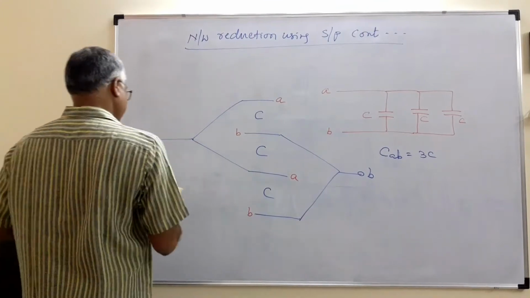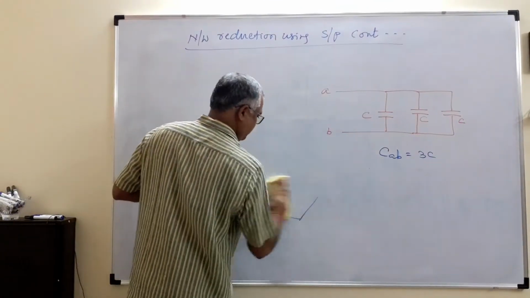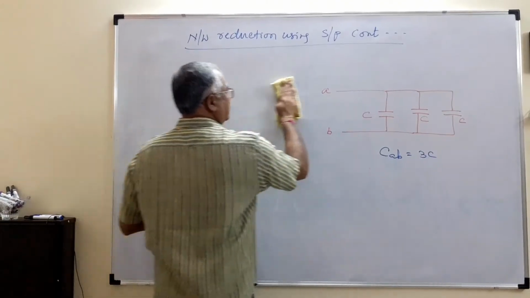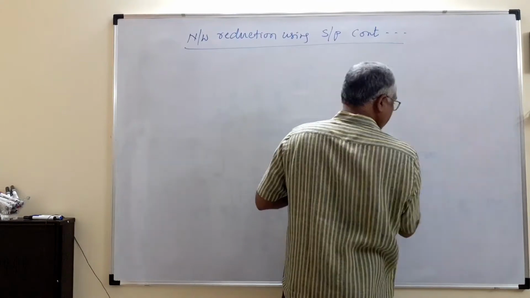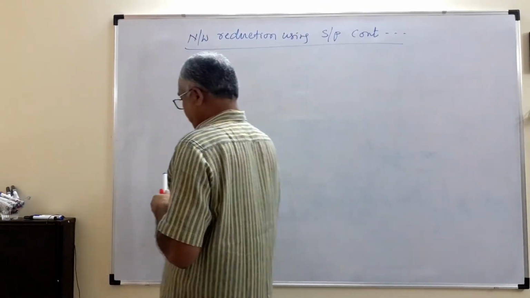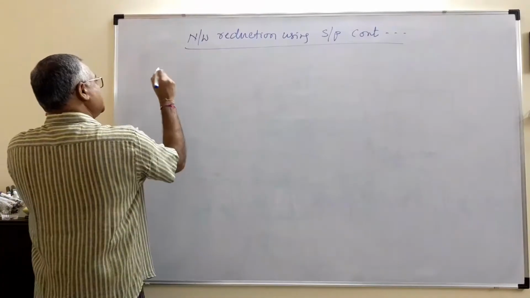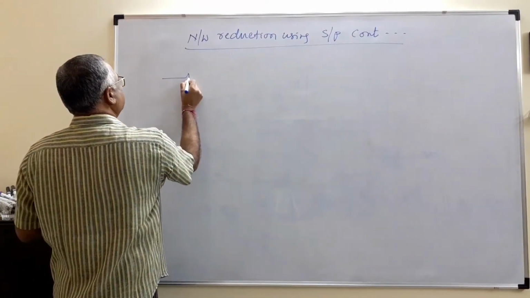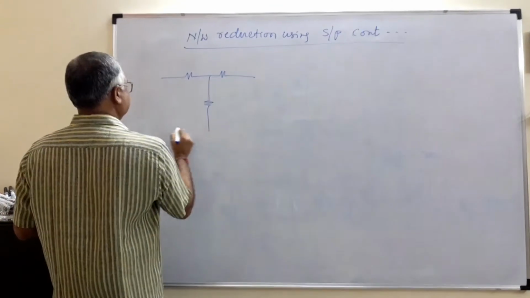So like that we can answer, whether it is a capacitor, resistor or inductor. Now let me explain the importance of series and parallel. Last class we studied the resistive T network.